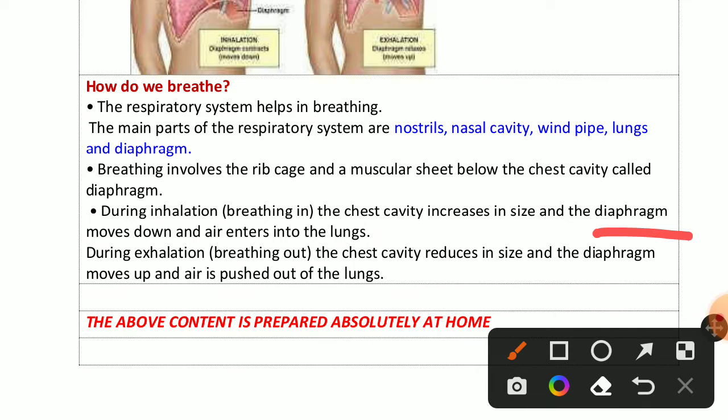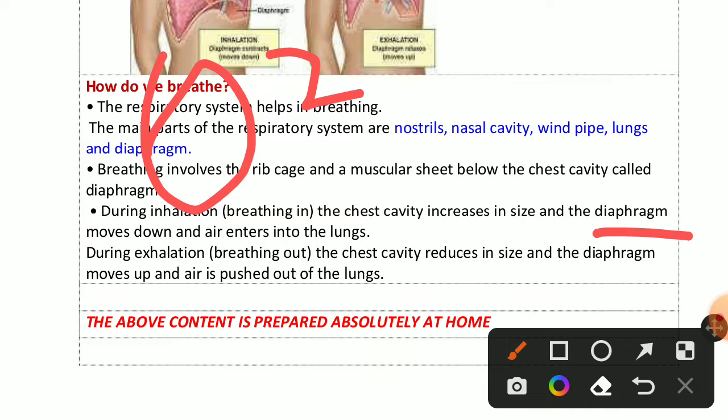The diaphragm is the muscular sheath of the chest cavity. So when we inhale air, that means O2, the diaphragm moves down, and the lungs will take the oxygen inside. The lungs will absorb the air.